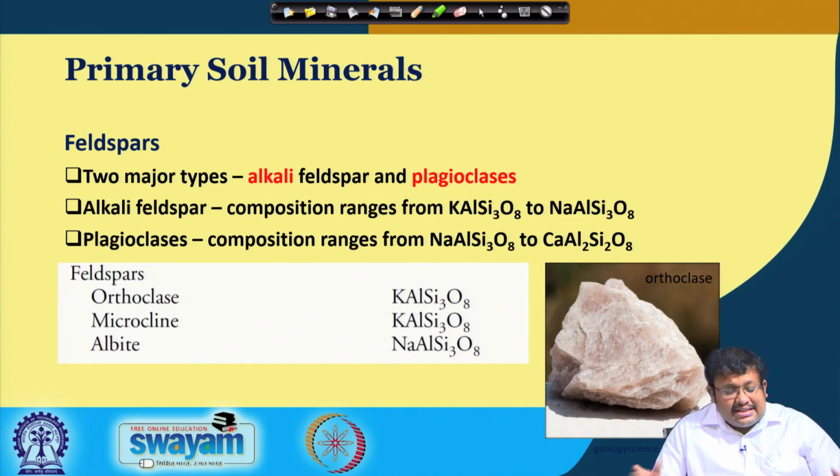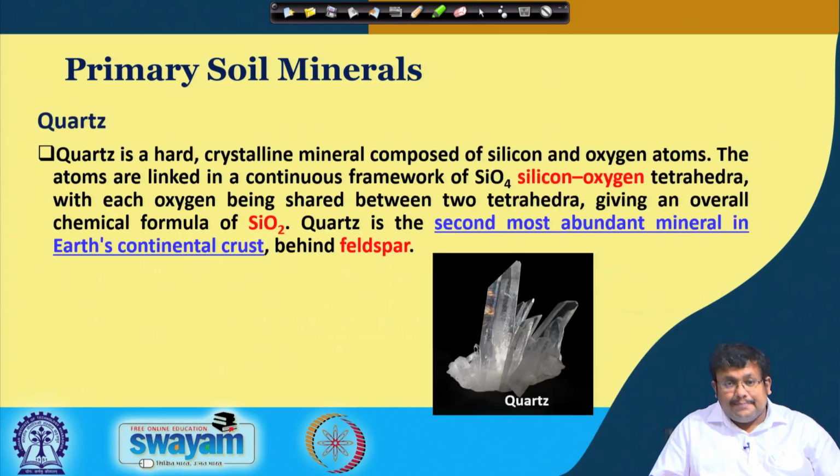Examples of potassium feldspar are orthoclase or microcline, whereas the sodium feldspar example is albite. So, remember again, the feldspar is the most common and most widely abundant mineral in the earth crust.